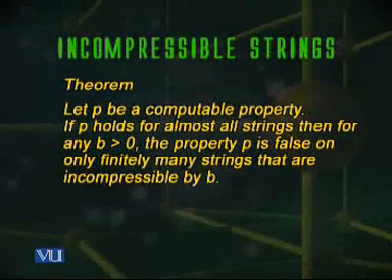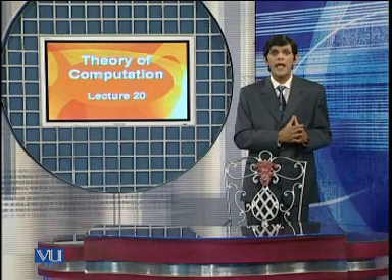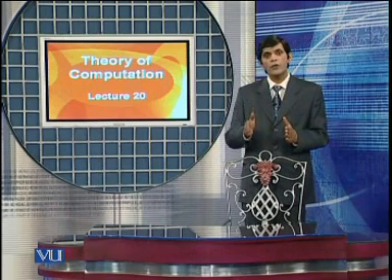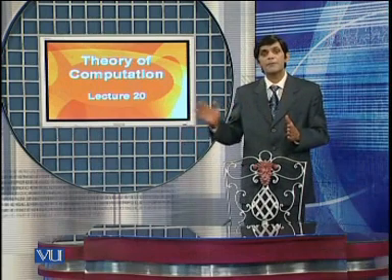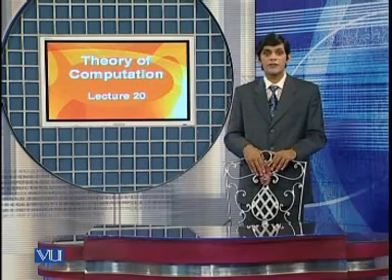The theorem we will prove is: if P holds for almost all strings, and if you take a number B which is greater than 0, then this property is false on only finitely many strings that are incompressible by B. So any property that holds for almost all strings can be false on only finitely many B-incompressible strings.